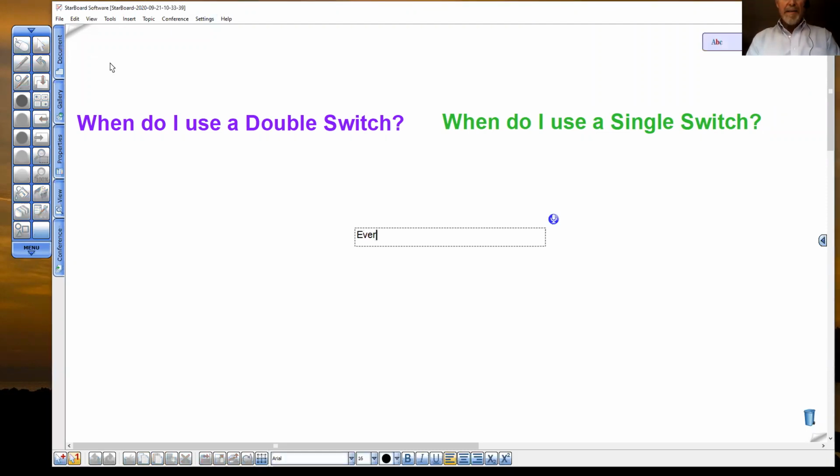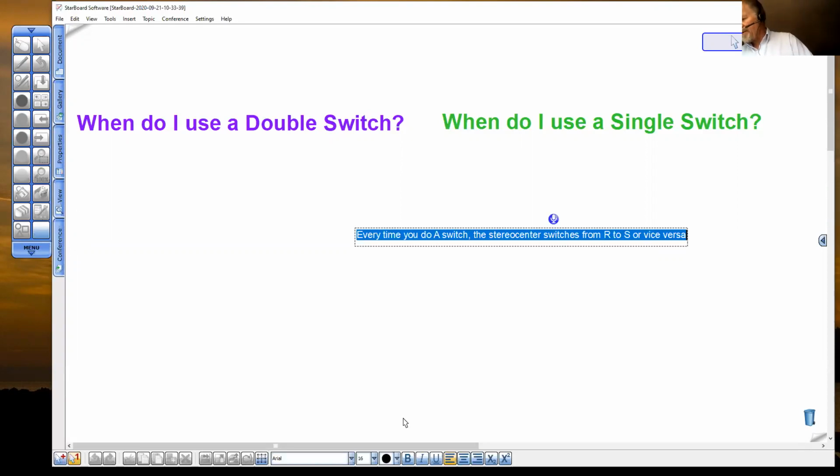Every time you do a switch, the stereo center switches from R to S or vice versa, the opposite.